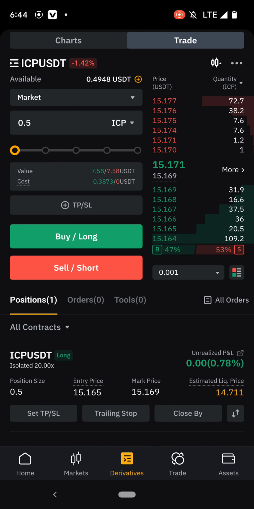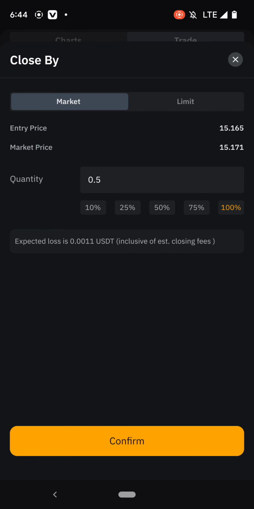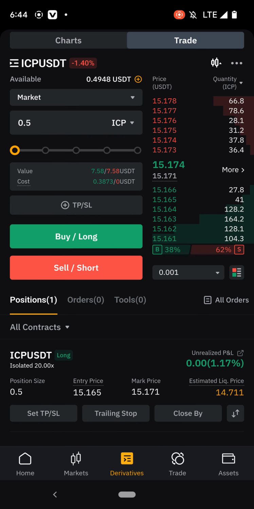When you want to close this trade, you just click on close and then you confirm. But we don't want to close since it is just a new trade and it is already running at 1% profit. You can see I've not even started making up to $1, because my margin is small. What I use in trading is very small.